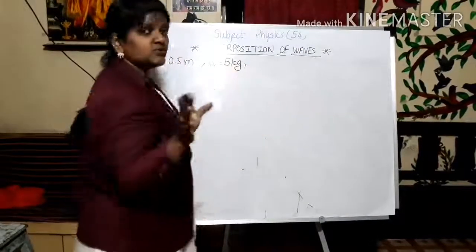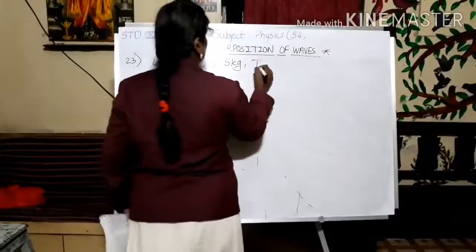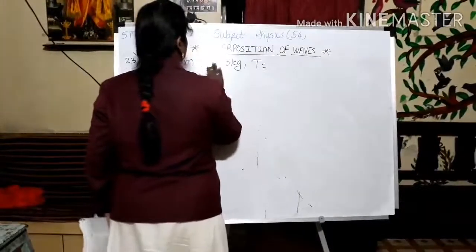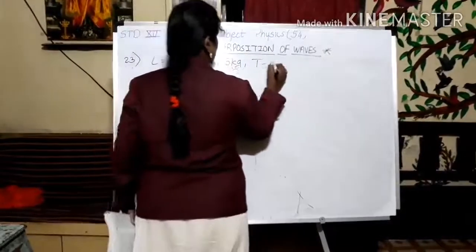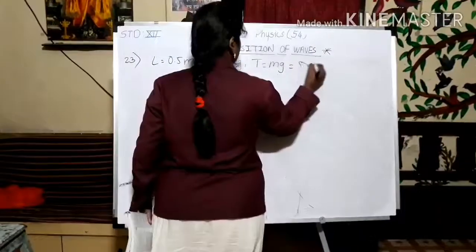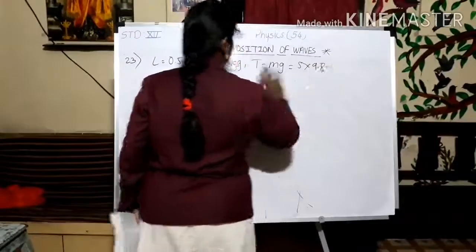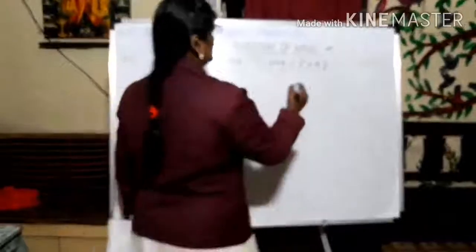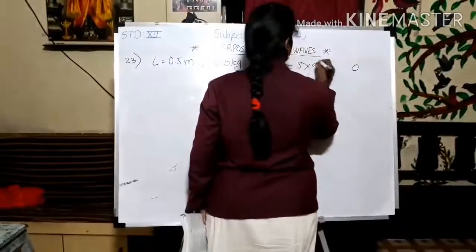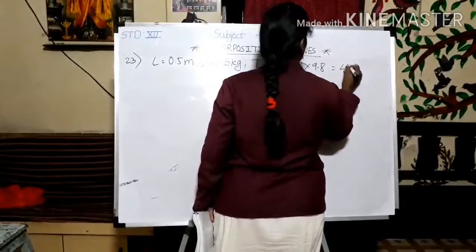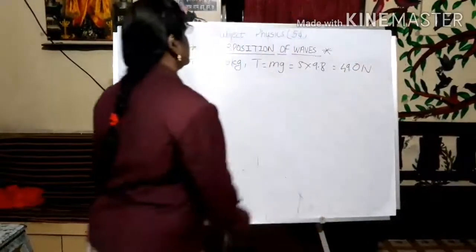You have to find out tension for the same. How can you find it out? It is weight, you can write mass, m into g. So that has to be 5 into 9.8. Whatever you get will be the tension. What is that? 49 Newton is the tension.